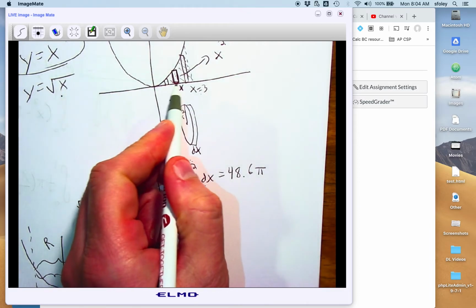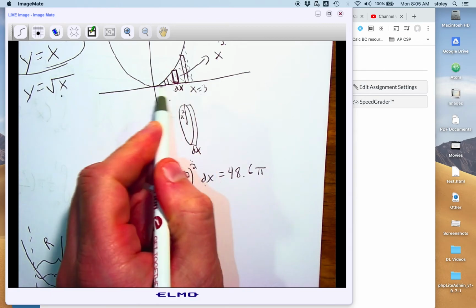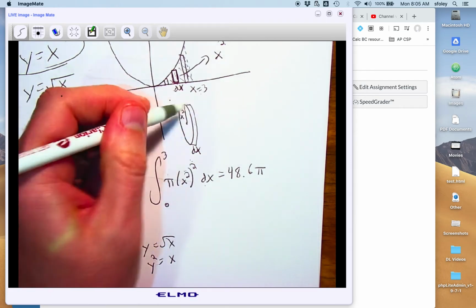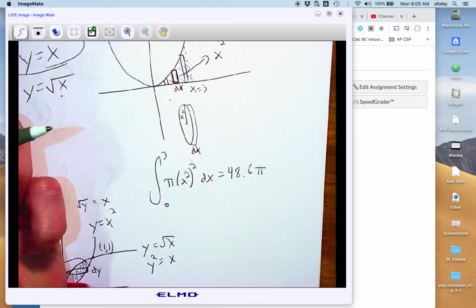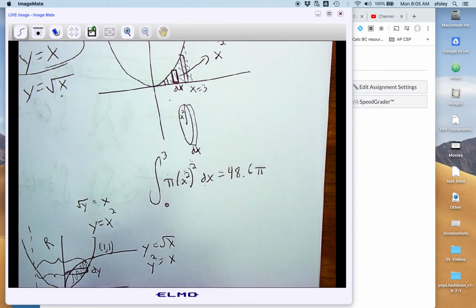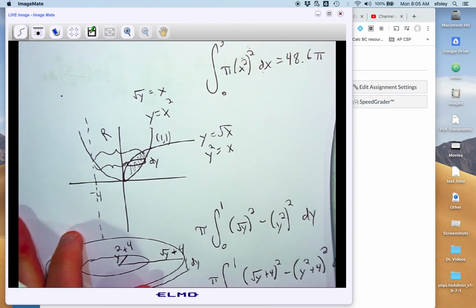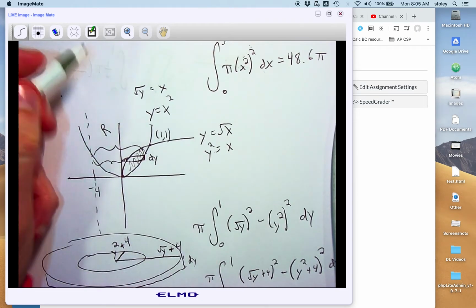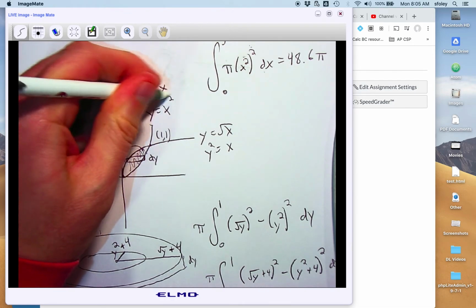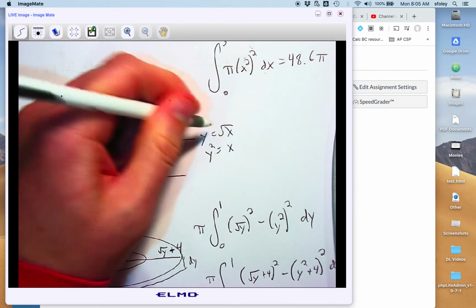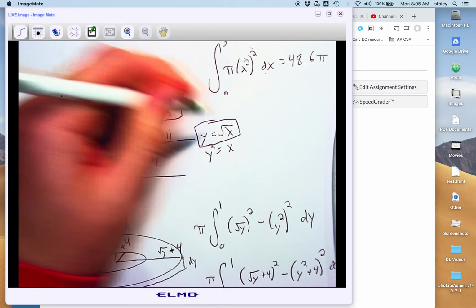The rectangle is always sitting right on that axis that we're revolving around, so we just get this nice circular disk. The washer method comes up when your region is not always touching your axis of revolution. So this time I'm going to do y equals x squared, same thing we had before, and y equals square root of x.